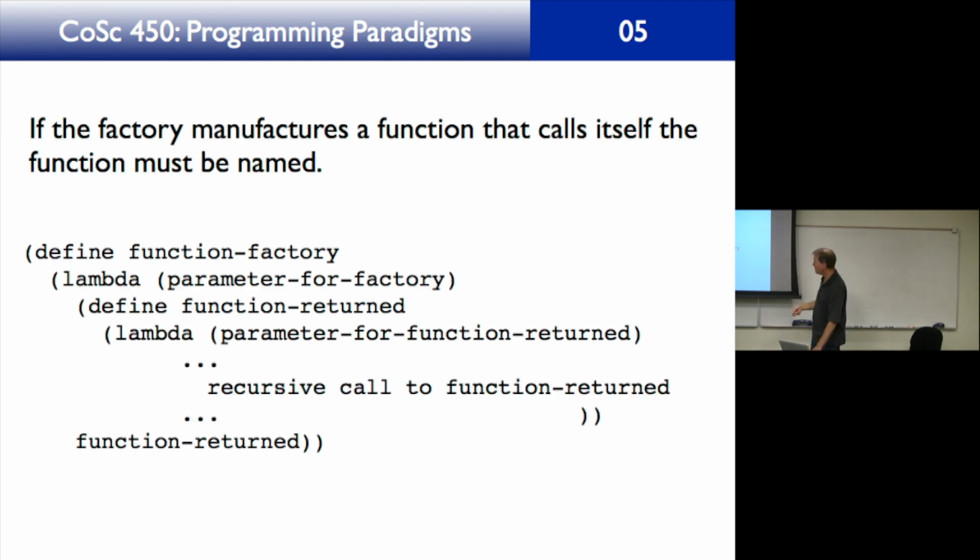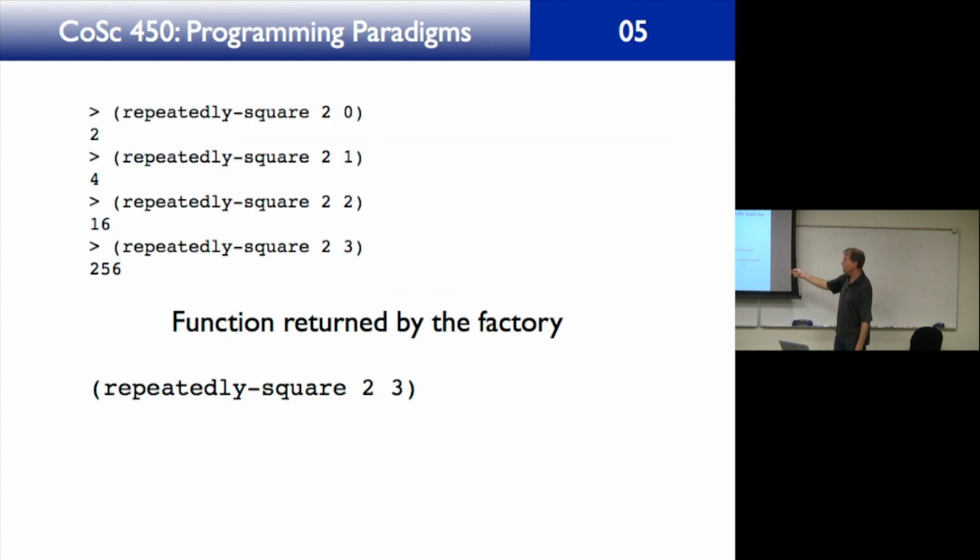So look, if we go back to this previous slide, do you see that the function returned is going to be repeatedly square in this example? And then the parameters for the function returned, how many parameters? 2. Is everybody clear on that? Okay, so here, the function returned by the factory is repeatedly square, and it's going to have two parameters. For example, when we call repeatedly square 2, 3, we want it to give us 256.